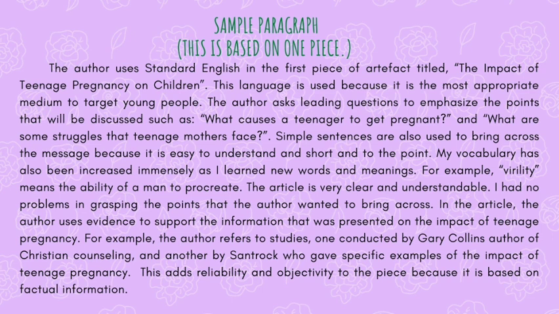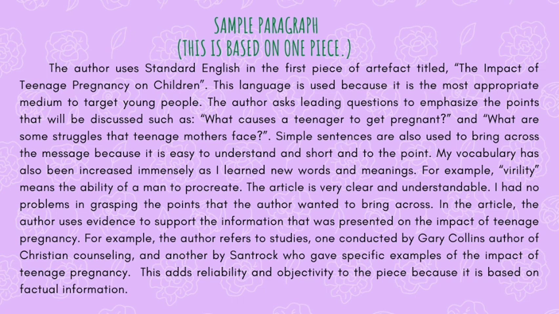For example, virility means the ability of a man to procreate. The article is very clear and understandable. I had no problems in grasping the points that the author wanted to bring across. In the article, the author uses evidence to support the information that was being presented on the impact of teenage pregnancy.